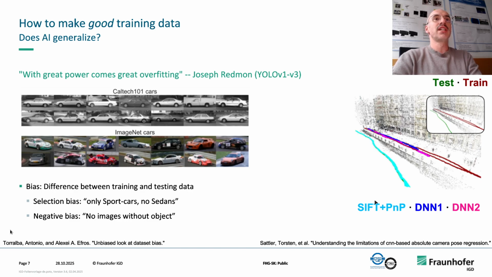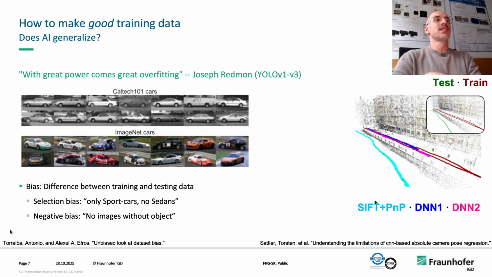And as you can see, the neural network algorithms in blue and pink stick to the training trajectory and do not generalize to the testing trajectory, because all they see are the training images. What I want to motivate with this is that the neural networks are not learning through 3D understanding, but are much closer to some search or image retrieval algorithms, because they don't employ this scene understanding, which is encoded via PnP in the classical method.